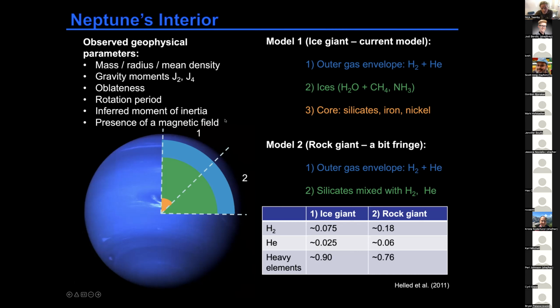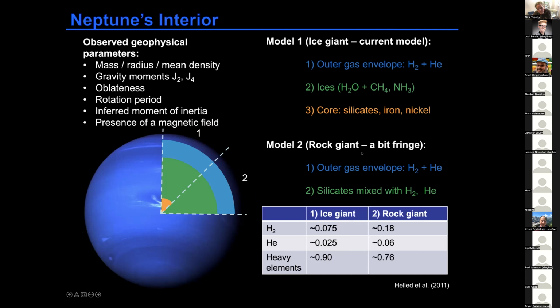We can infer some moment of inertia, and we know there's a magnetic field. If there's a magnetic field, that suggests there's some conductor of some kind in the interior. So those are the geophysical things. There are two main types of model that we can use to fit those. Model 1, which I've described here, is the ice giant model, just mentioned in that cross section.